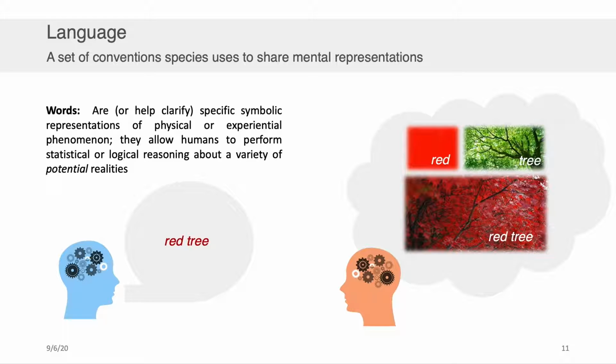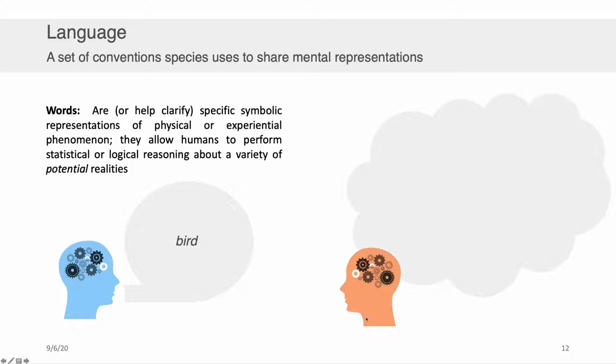Now, what's powerful about this is not just that you can do it for a red tree, which you may have seen before, but you can do it for a kind of tree that you've never seen before, a pink tree, purple tree, a rainbow tree, or whatever kind of tree we might be speaking about. But of course, the way that words are represented in your mind is probably not one-to-one.